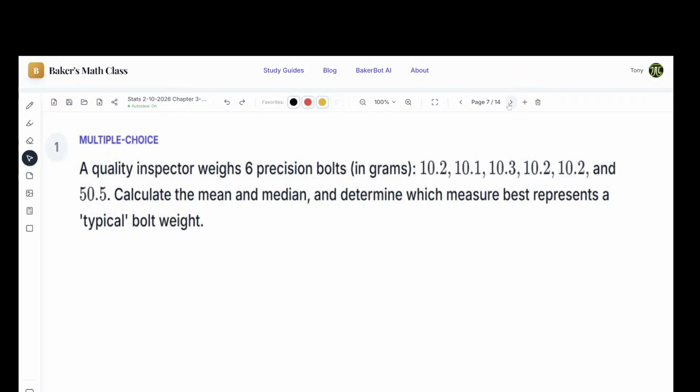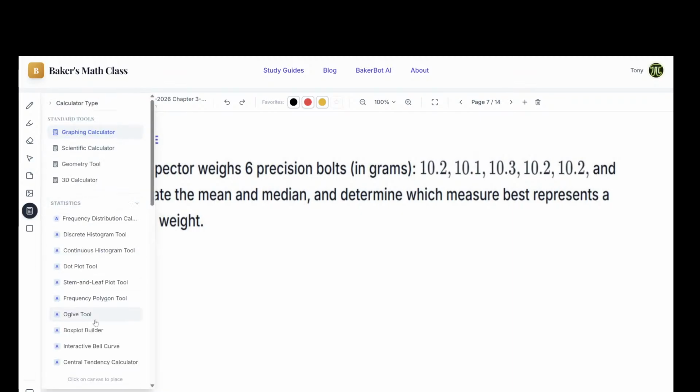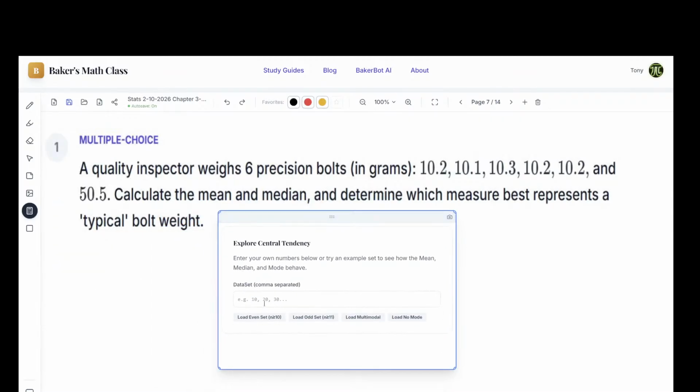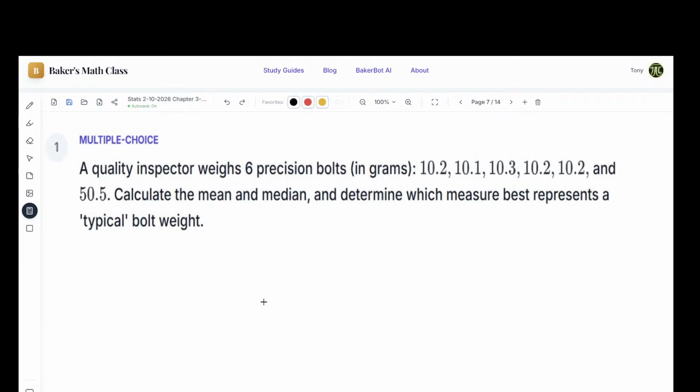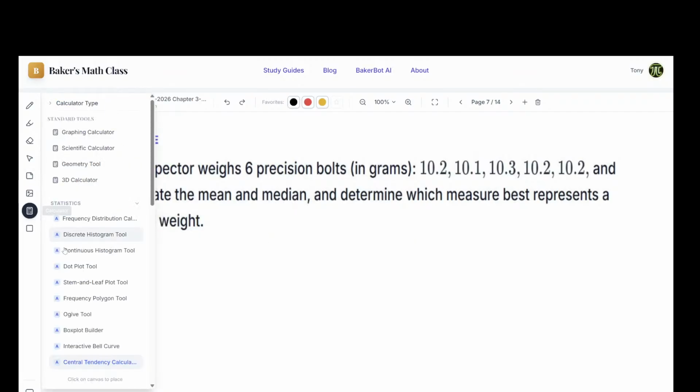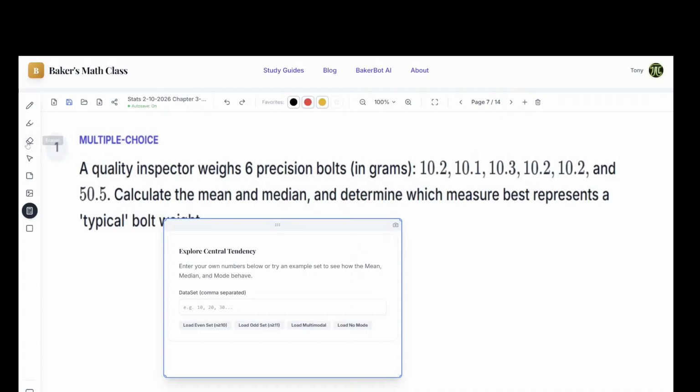Here's 6 bolts. 10.2, 10.1, 10.3, 10.2, 10.2, and 50.5. We want to find the mean and the median of these. Totally cheating, I know. But that's why I wrote this. It would help if I clicked the other button.